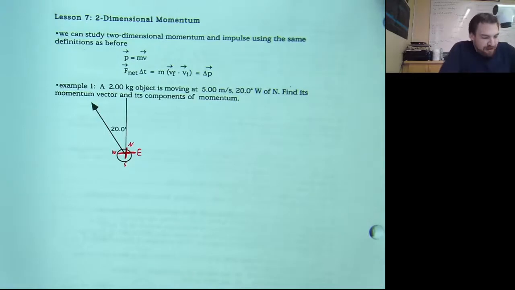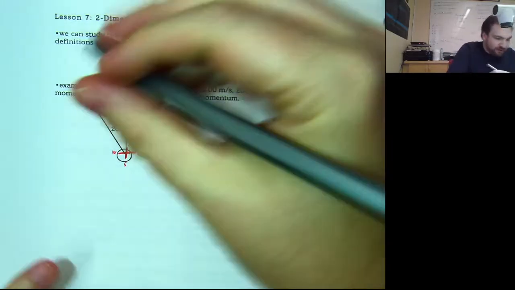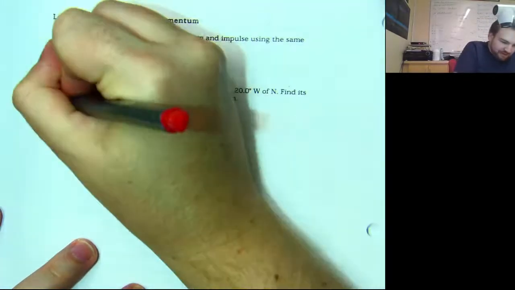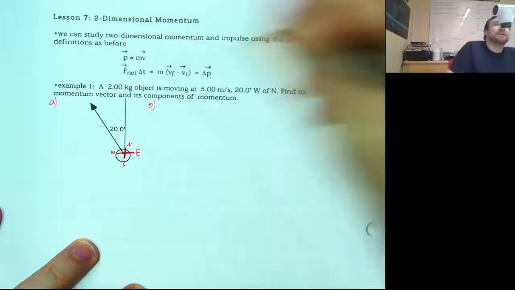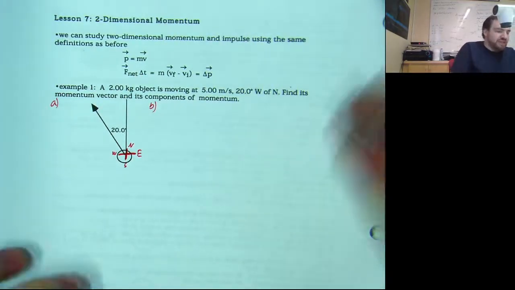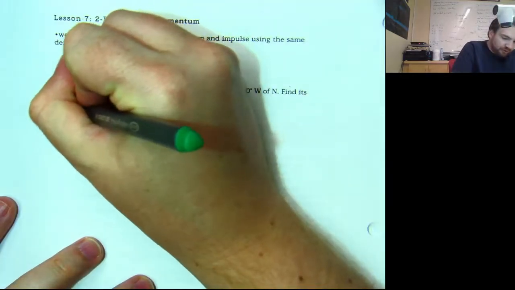We want to find out the momentum vector and its components of momentum. So the momentum vector, we can deal with this a couple different ways. Let's do A and B. The momentum vector will be A, the components will be B. So when it asks for the momentum vector, the name we had for those kind of coordinates was polar.